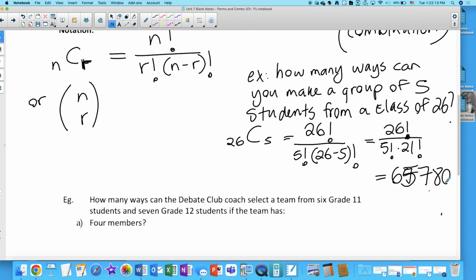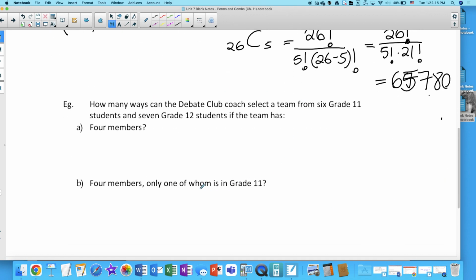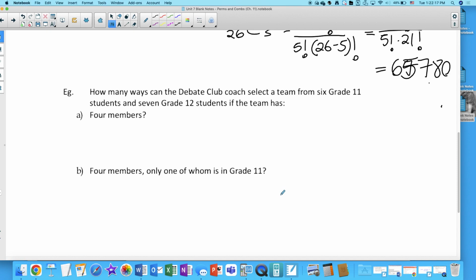All right. So, for example, how many ways can the debate club coach select a team from 6 grade 11 students and 7 grade 12 students if the team has 4 members?